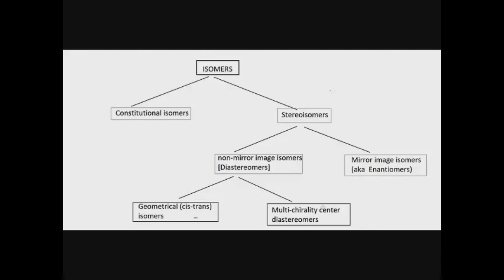And so, to be honest, chemists don't have an official name for them, but I'm referring to them as multi-chiral center diastereomers. The diastereomers that we listed previously, if you recall, 1 and 3, 2 and 3, and so forth, would be diastereomers that would fall in the category multi-chiral center diastereomers. There is no double bond or ring to them, and so that would be an appropriate term.